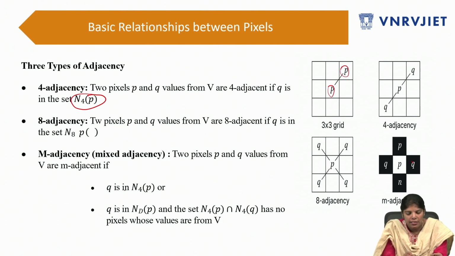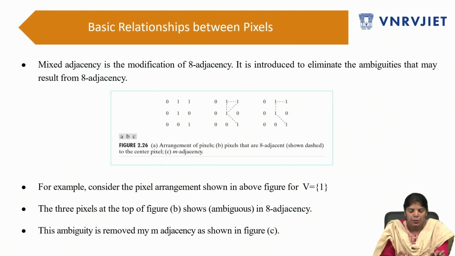M adjacency is also similar to 4 and 8, but here is the condition: the intersection of the neighborhoods of p and q should have no pixel whose values are from V. If you see this example, this is the arrangement of the pixels. Here the path exists between this pixel and this pixel, and also we have the diagonal path.